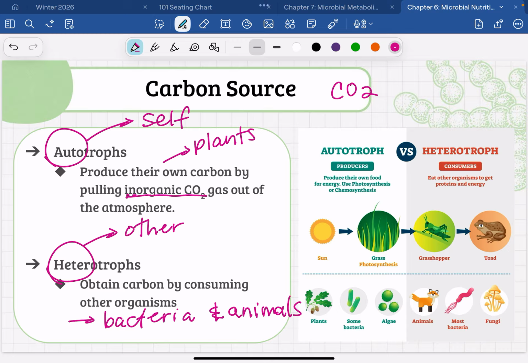And then the rest of us, the animals, the other bacteria, the funguses, we eat the plants and animals that produce this carbon. Okay, so hetero means you got it from somewhere else. You're eating it from somewhere else, taking it from something else.